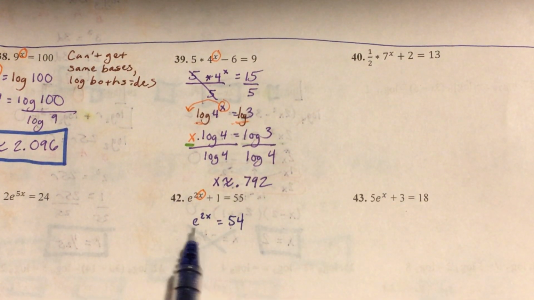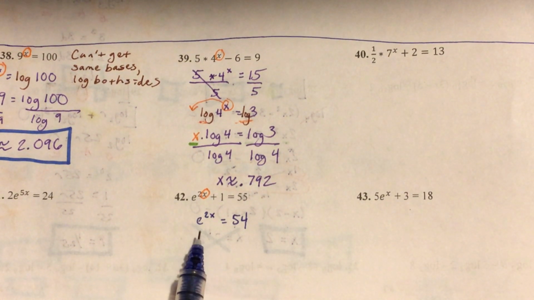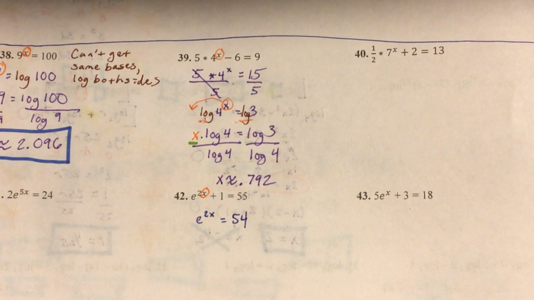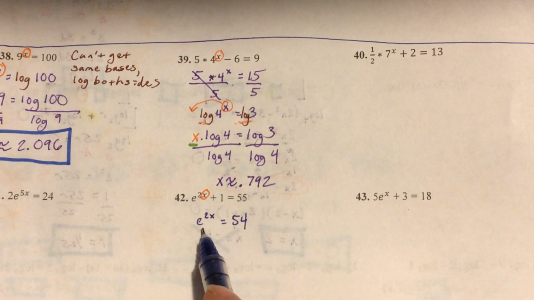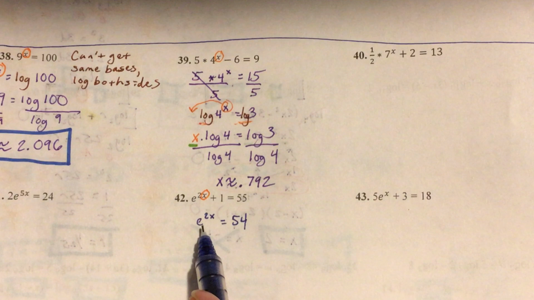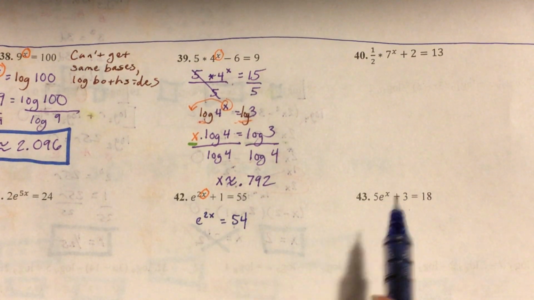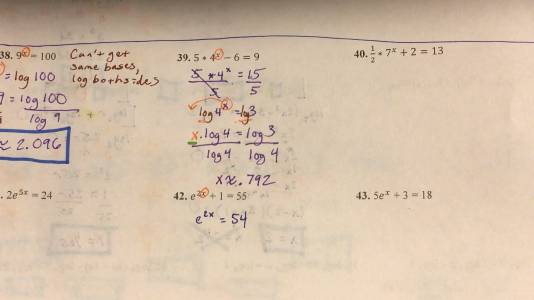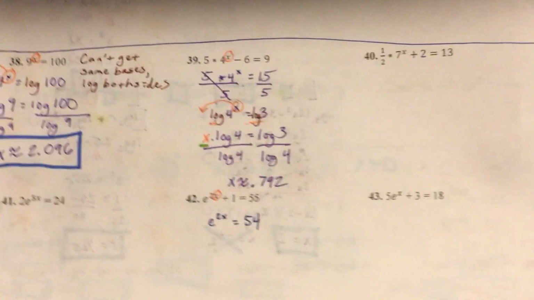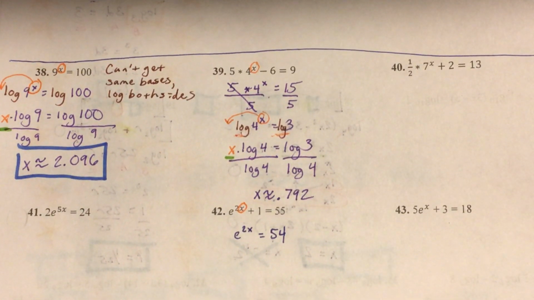Now, looking at base E and 54, remember E is that nasty irrational number, so non-terminating, non-repeating decimal, similar to pi. So E is a number, but can I write 54 as base E or E as base 54? That's going to be a no. So it's the same scenario as these previous problems where I can't rewrite these as the same base, so we are going to log both sides.